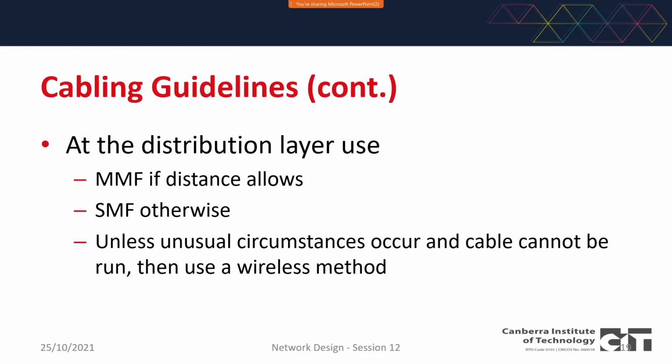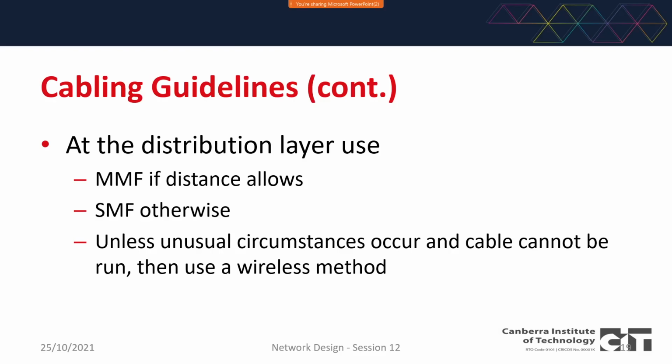If it's more than that, single mode fiber is recommended. Now, unless unusual circumstances occur and cable cannot be run, the use of wireless can also be recommended. Also another option that we have.